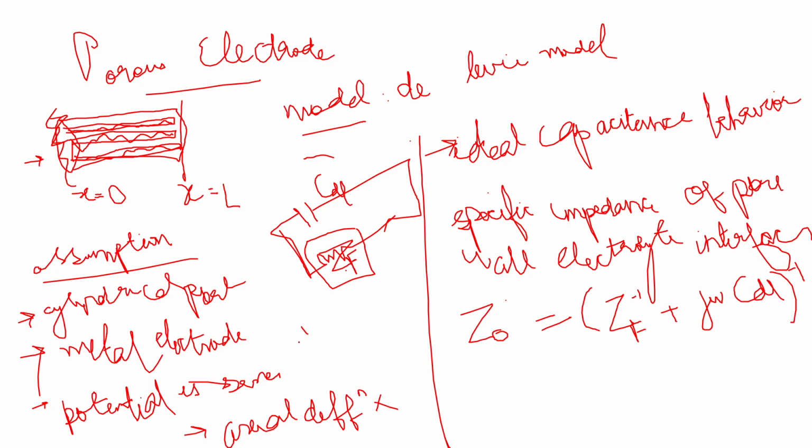You have both of them in parallel, so it will be 1 by Z naught equal to 1 by Z_F plus 1 by the impedance due to the capacitor. If I take Z naught as the inverse of this entire thing, 1 by Z_F I have written as Z_F inverse, plus 1 by Z_C, which is nothing but j omega C, and the inverse of that. So this becomes your first equation.